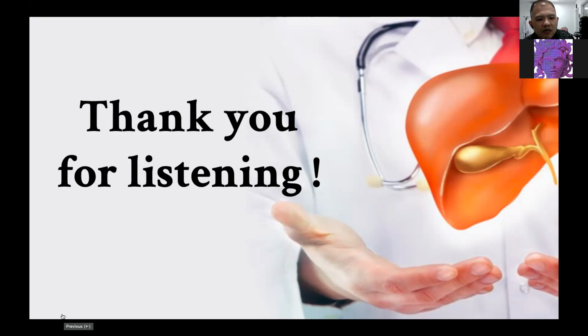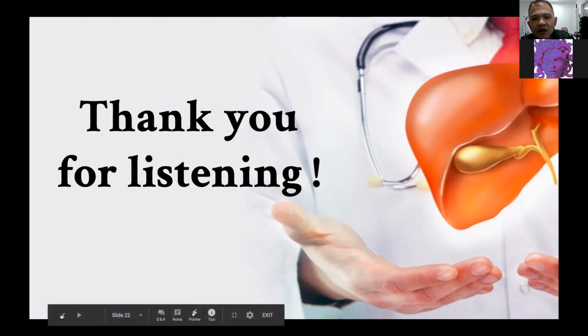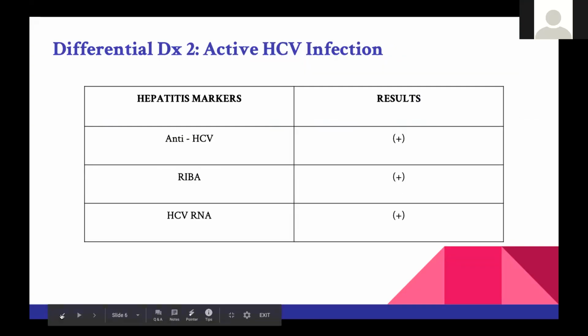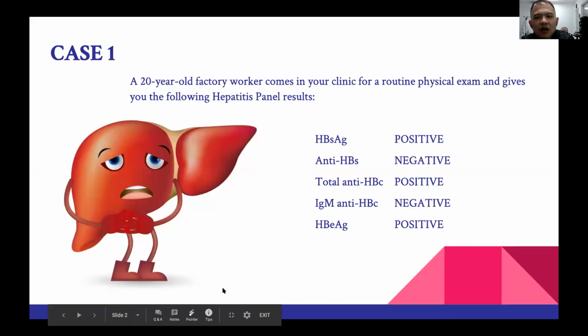Jaundice? Fever? Can you go back to the first slide, to the history? Not mentioned. So the doctor is just presented with a hepatitis panel result. The panel is for hepatitis B. So it's surely hepatitis B, but is it acute or chronic?